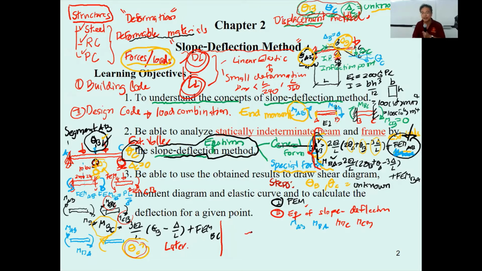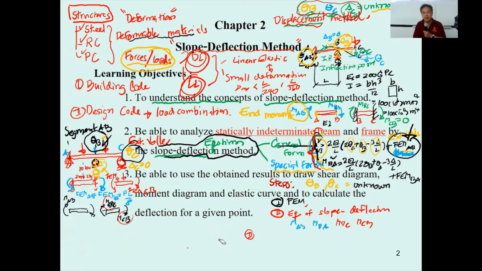And third, you may come to this portion again. On this one, you have the moments acting on the structure, and the structure must be in equilibrium. So next, you're going to write the equations of equilibrium to find the unknowns.